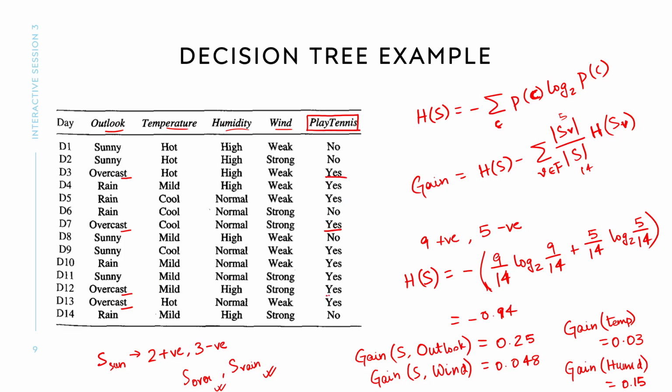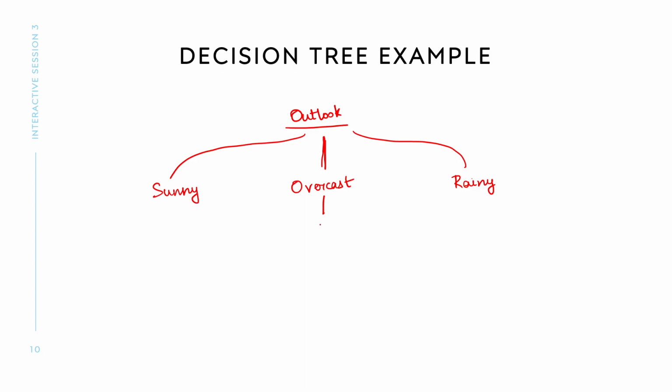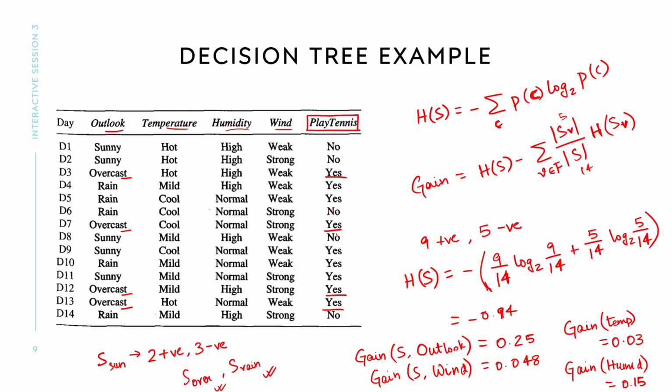Since all of them have the same output, we'll just create one leaf node, which is basically yes. So if the outlook is overcast, then you are always going out to play tennis. So, should you go out and play tennis? If it is overcast, then the answer is directly yes, because all of them have this yes option. There is no point in checking anything else.